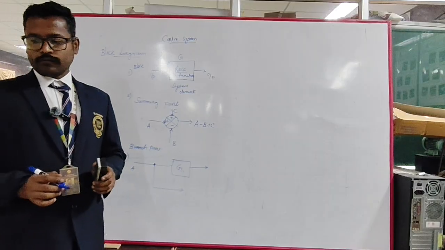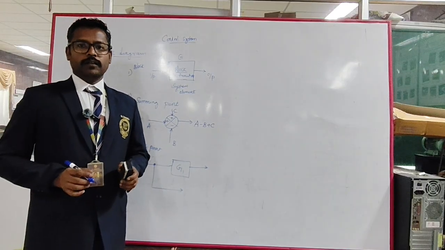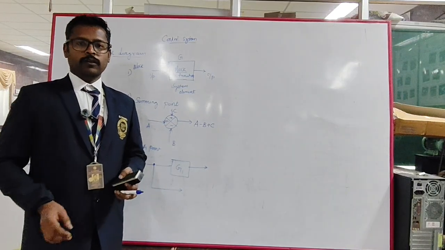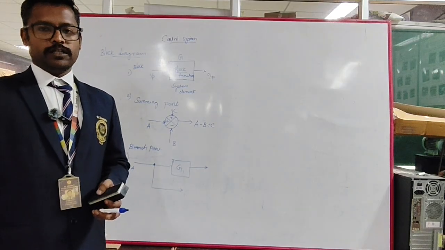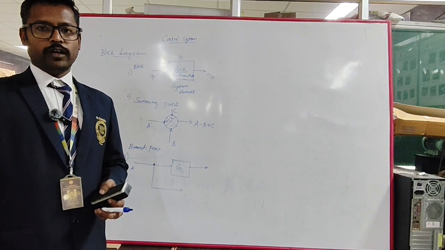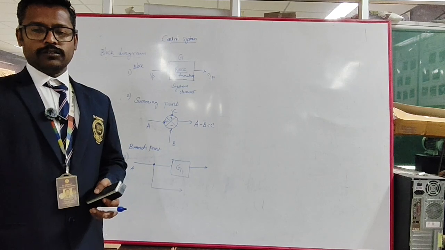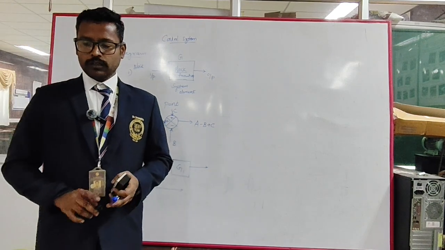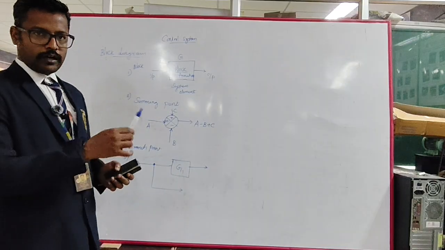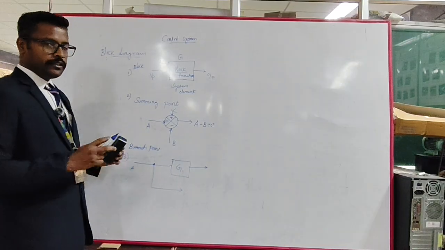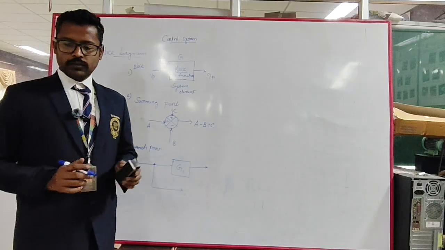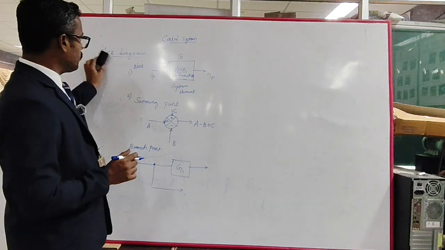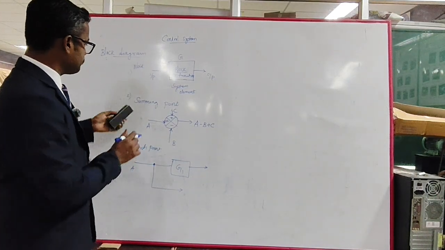In constructing a control system, we need some rules and regulations. What are the rules we have to follow while constructing a block diagram of a system? I can erase this and we can discuss the rules one by one. The first one is rule number 1.